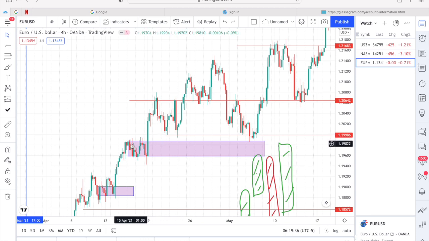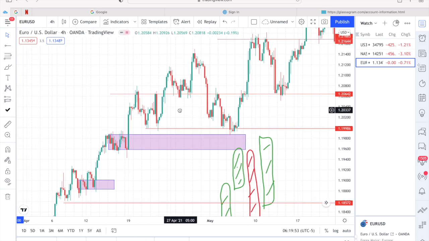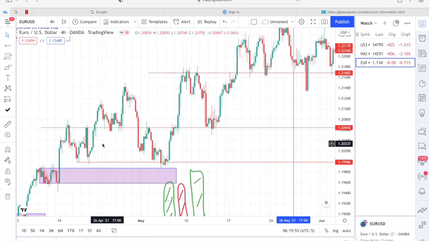So you could still leave your buy limit here, because you know that price is definitely going to come back to collect the pool of liquidity in this area. So yeah, let's go. Look what happened.